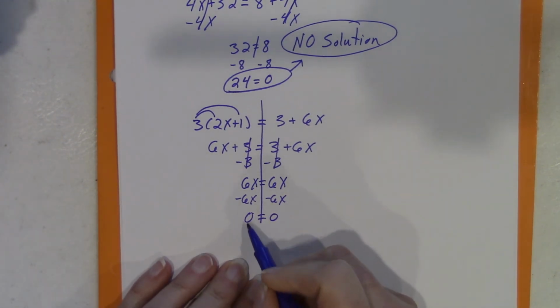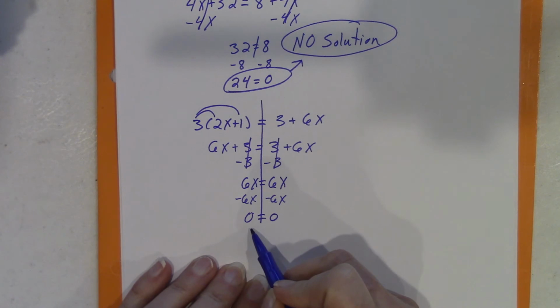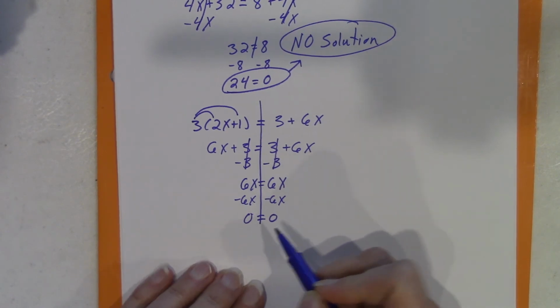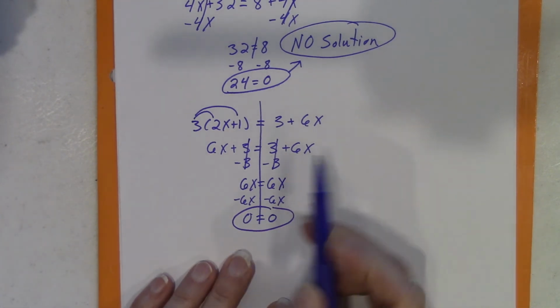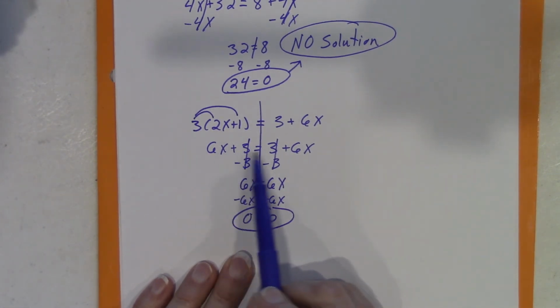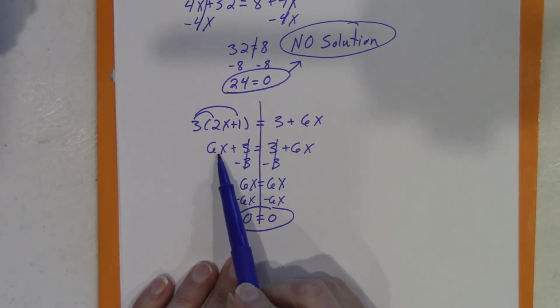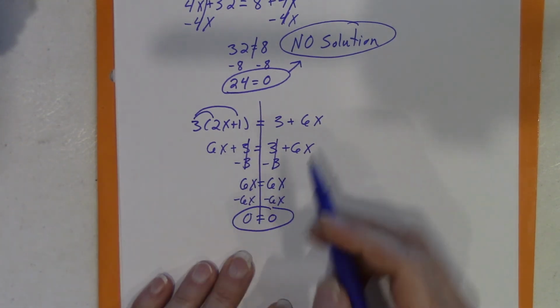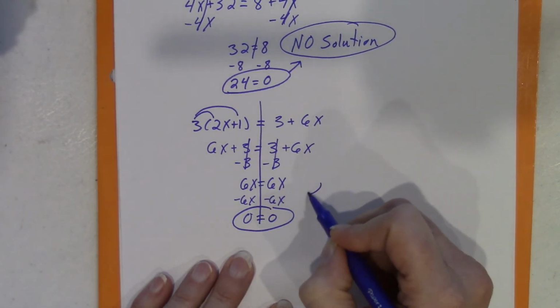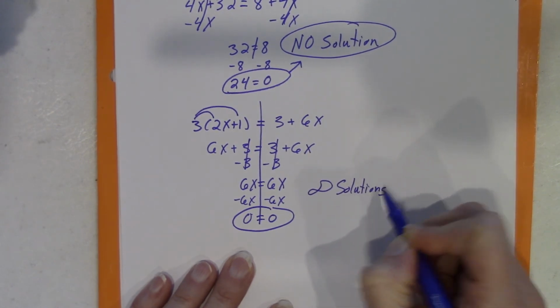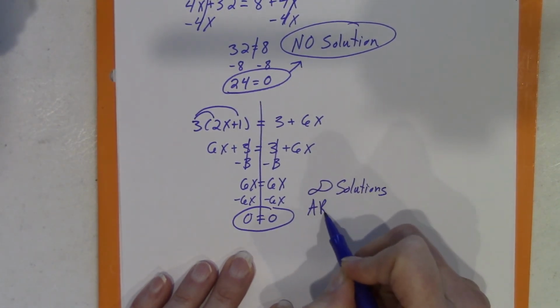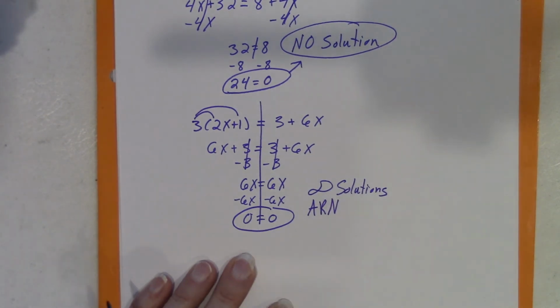Or you could even think of it as 0x equals 0x. But if I have something that's 0 equals 0, or if I have an equation that looks exactly the same, has the same coefficients and the same constants on each side, I have an infinite amount of solutions, or all real numbers are a solution to this problem.